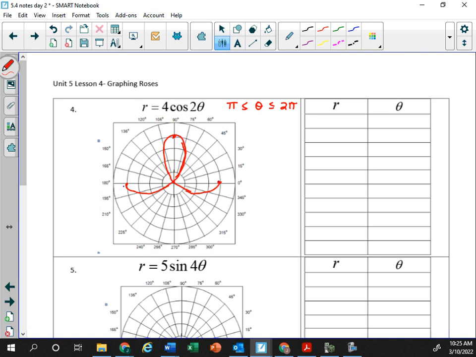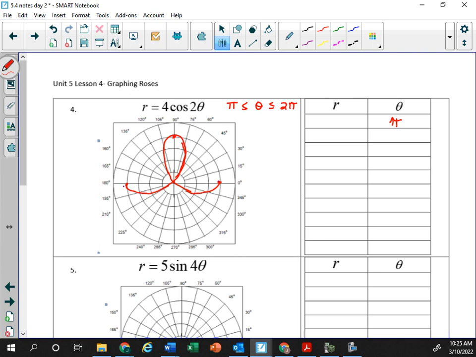Okay. All right, if you're like, wow, my brain does not understand the order that these points are going in, I don't get it, then we will plug in points. We're going from pi to 2 pi, so let's plug pi in. So when I plug pi in for theta, that's really saying the cosine of 2 theta, right?